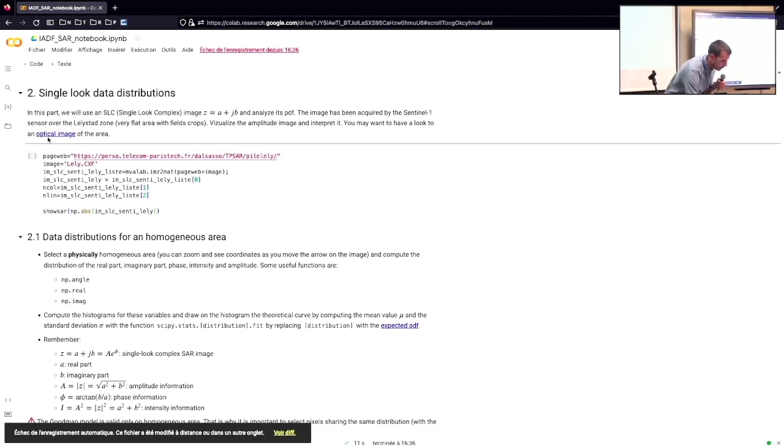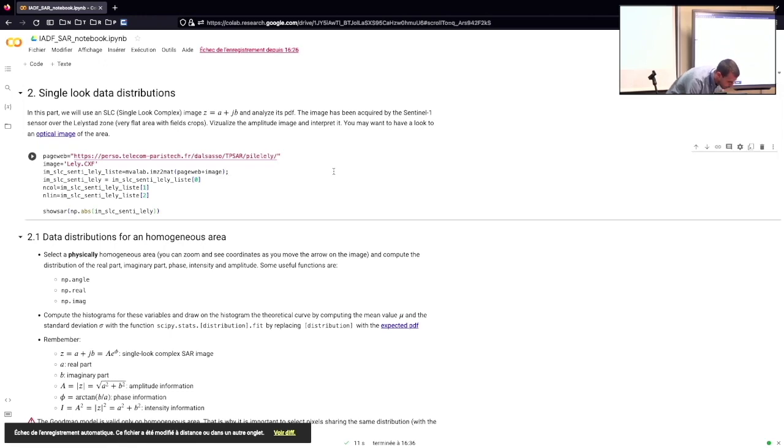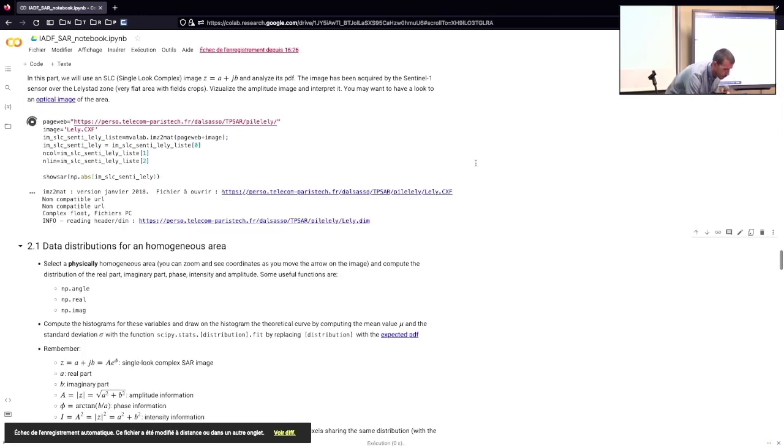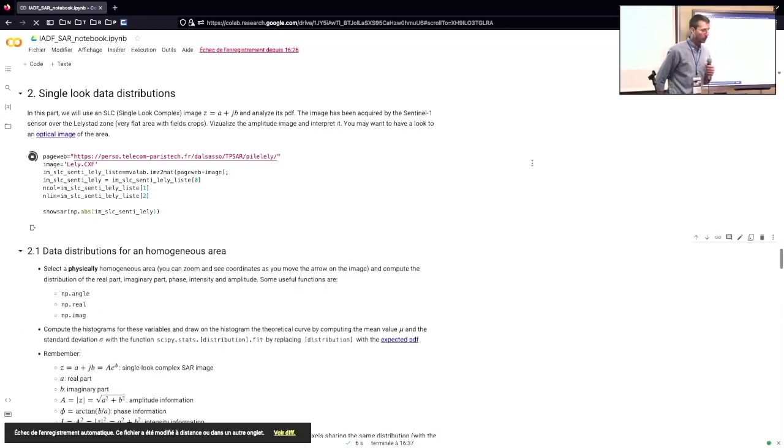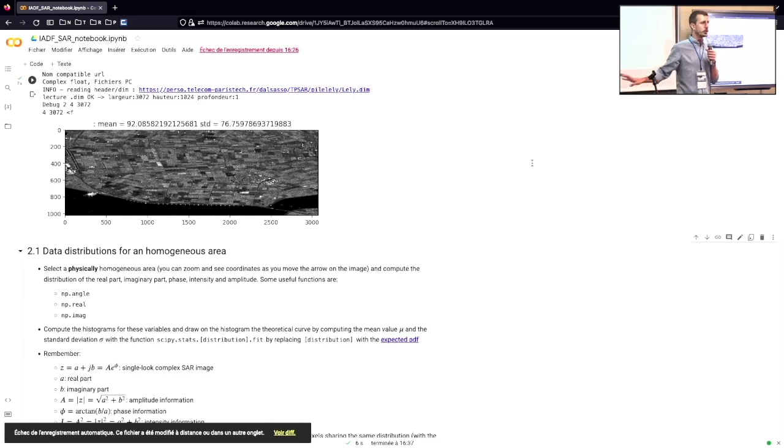You can have a look at an optical image in case you want to compare. We are going to select a homogeneous region where we are going to analyze the statistics, the empirical distribution of the SAR image, and we will see if the empirical distribution fits with the theoretical distribution that is provided by Goodman.